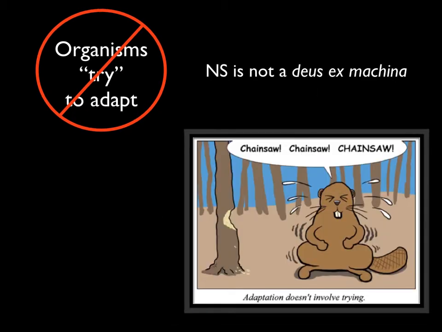Also, please never ever let me hear you say that organisms try to adapt or want to adapt to a circumstance. Natural selection is not a deus ex machina. And so, like I said, don't talk about evolution like a person. A lot of times I hear students talking about natural selection as if it were a god almost.